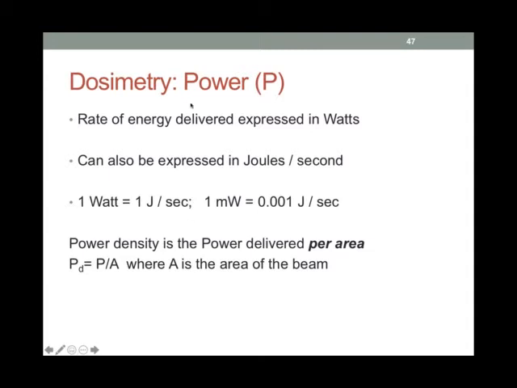Okay, and then the only difference between power and power density is that we're thinking about that power being delivered over a certain amount of space. And usually, as physiotechnologists, we're talking about a centimeter squared, so over a given amount of centimeters squared. Okay.